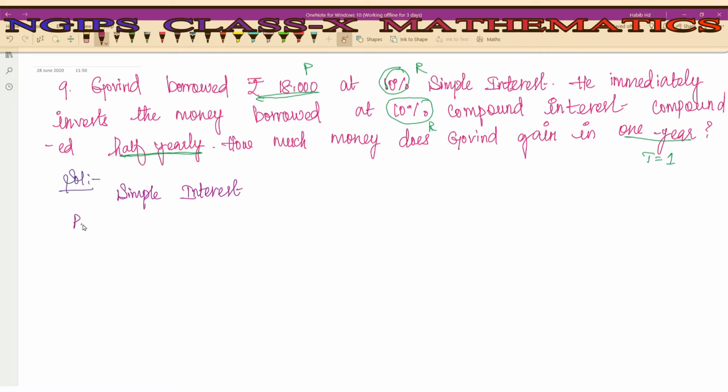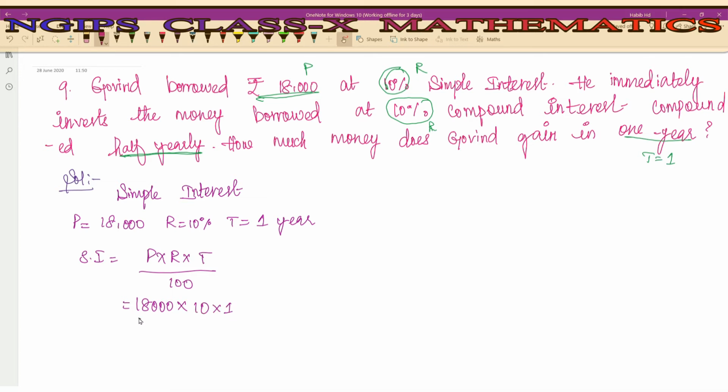Here we have principal is equal to 18,000 and rate is equal to 10%. In the simple interest we need to take the time period as directly the number of years, we have 1 year. Now the simple interest formula is P into R into T divided by 100. So we take the principal 18,000 and the rate 10% and time period 1 divided by 100.